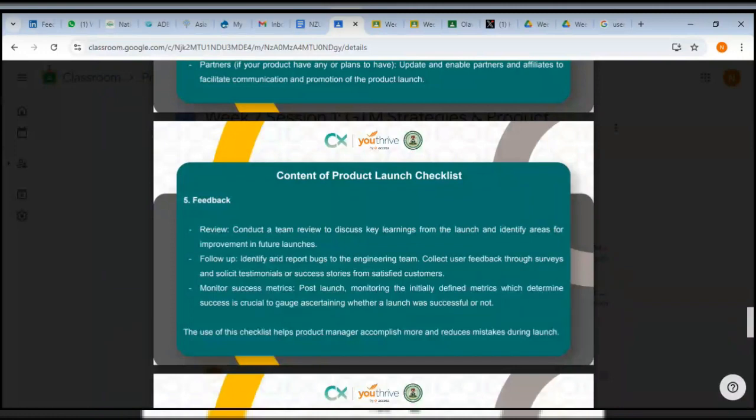Feedback. Review: conduct a team review and discuss key learnings from the launch and identify areas. Basically, what you're supposed to do with your feedback is collect the information that you've received from your users or the testers. When I say testers, I mean they might not be users, but they've come to view your product and give you a review.